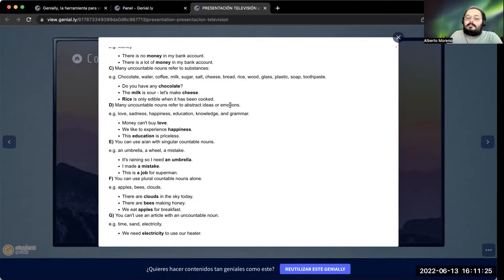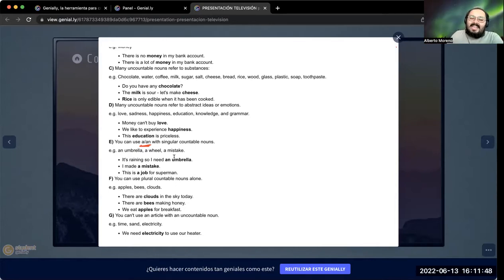¿Ok? Otra cosa importante es que con los sustantivos contables en singular podemos utilizar a or an. Por ejemplo, an umbrella, a wheel, a mistake, un paraguas, una llanta, un error. Sí, error es sustantivo contable.